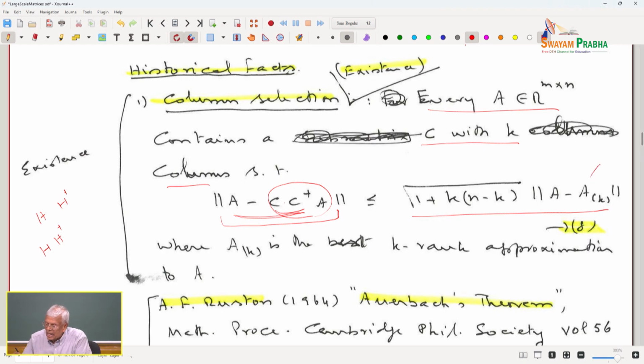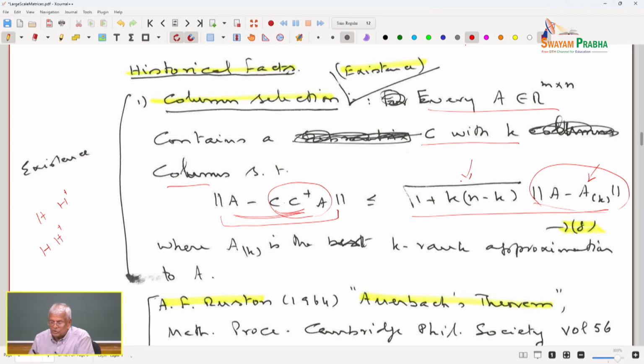And what is A_k? A_k is the best rank k approximation. What is the best k rank approximation to A? That is given by the PCA. So, this we already know from PCA. This is the multiplying constant coefficient. It can be shown given any matrix there exists a set of k columns.